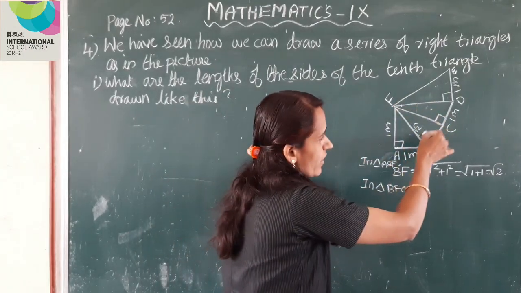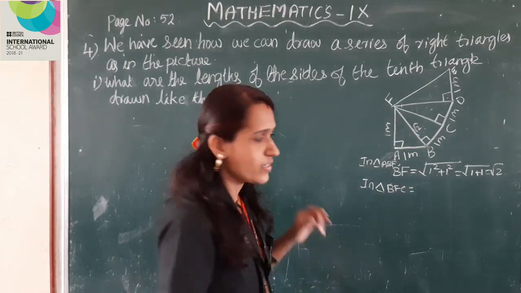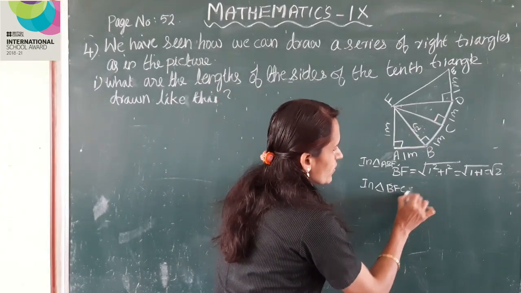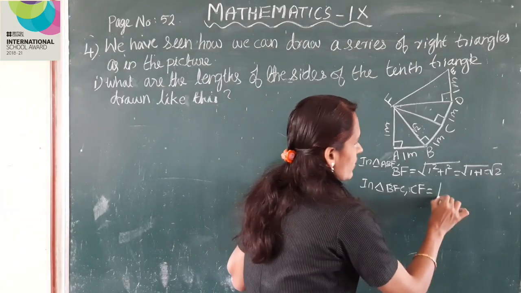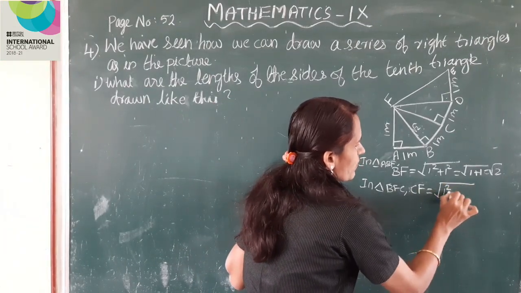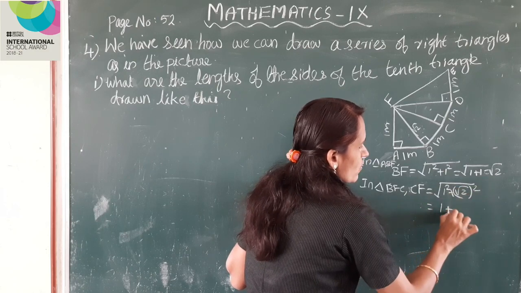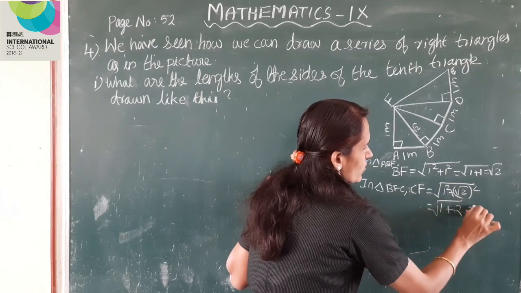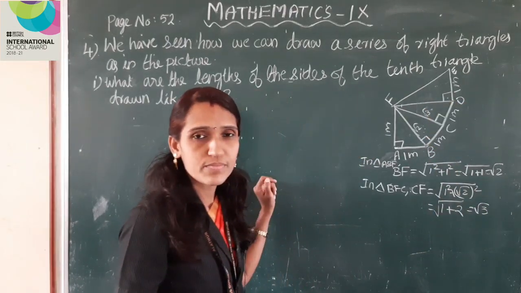It is a right triangle. CF is the hypotenuse of this right triangle. So CF is equal to, again using Pythagoras theorem, base square plus altitude square, this is equal to 1 plus 2 is equal to root 3. So this distance is root 3.